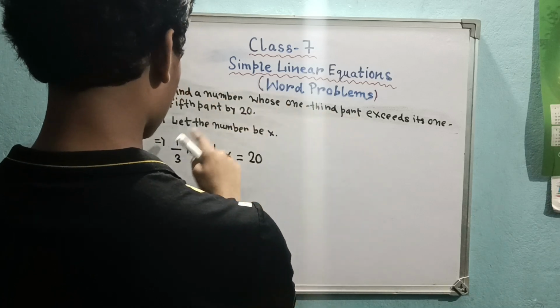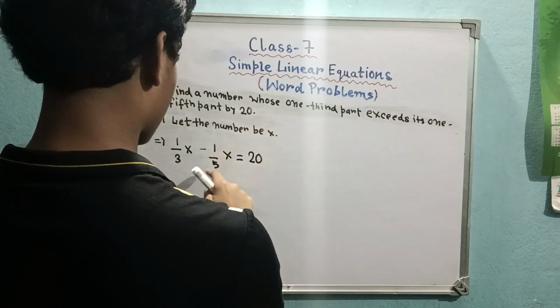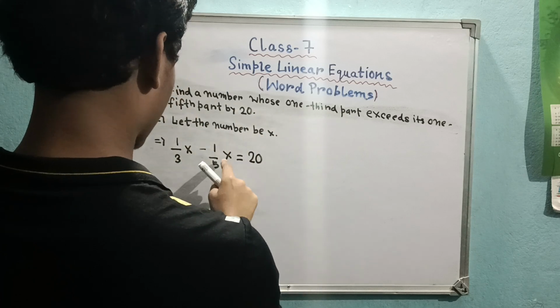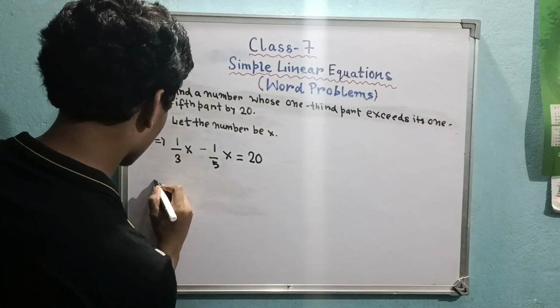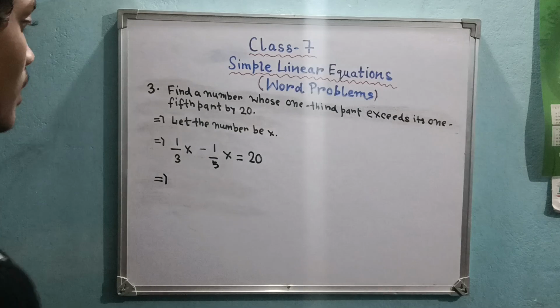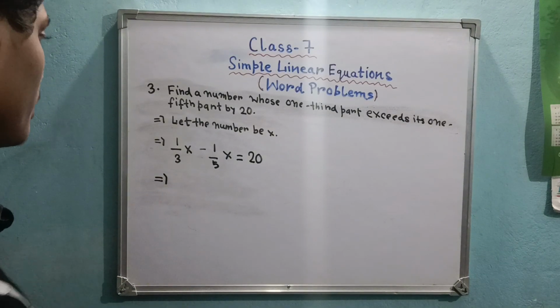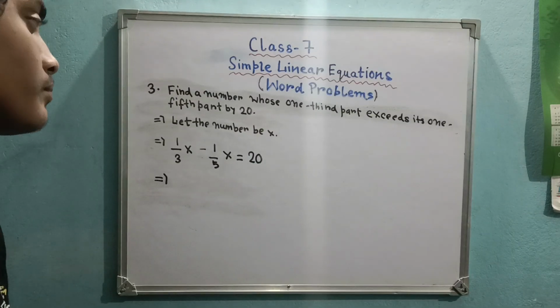1/3 part of a number is 1/3 into x. 1/5 part of a number means 1/5 into x. And this is larger than this, so this minus this will be equal to 20. Now what can I do? Let us take out the lowest common multiple. The lowest common multiple of 3 and 5 is 15.